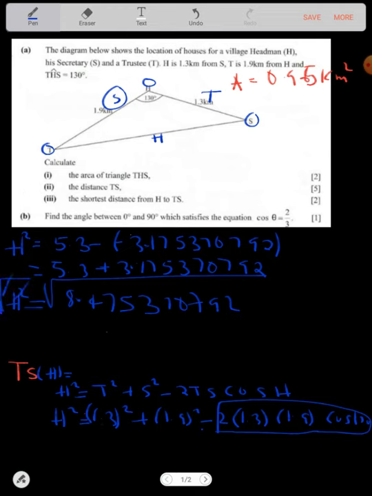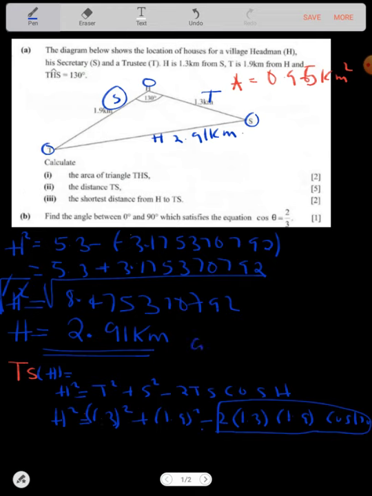So we cancel, remain with H. The square root should give us 2.91 kilometers. So keep in mind this is 2.91 kilometers using the cosine law.